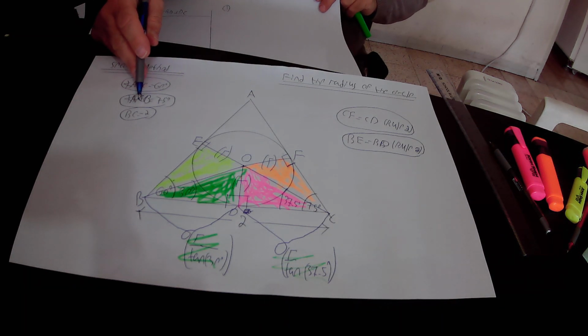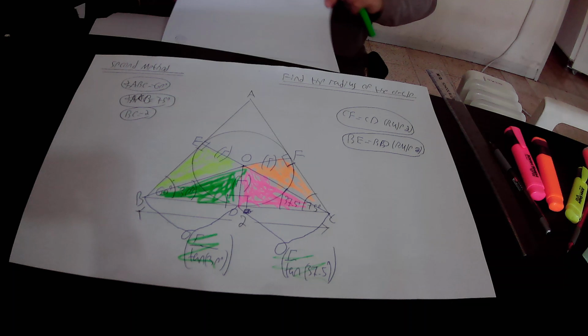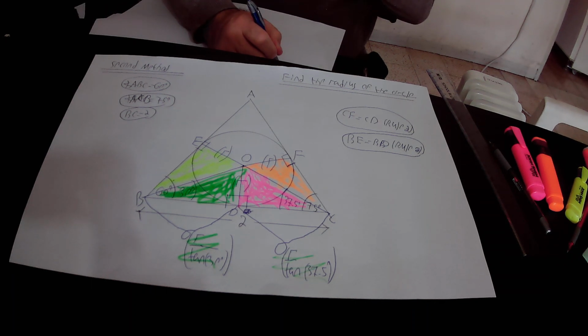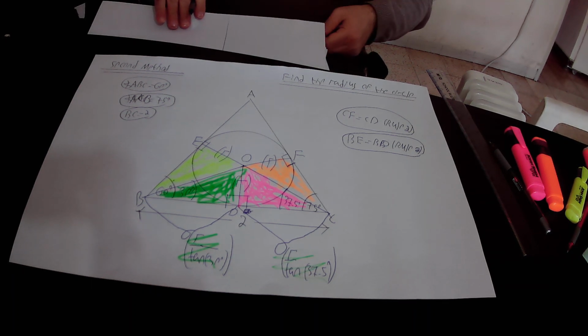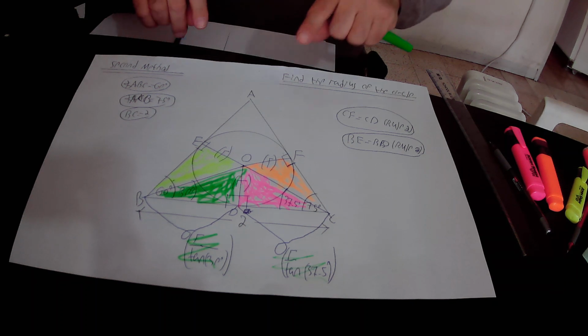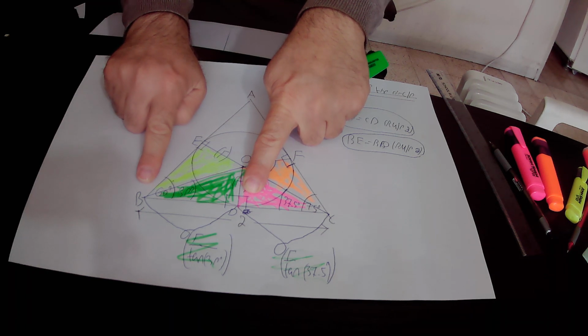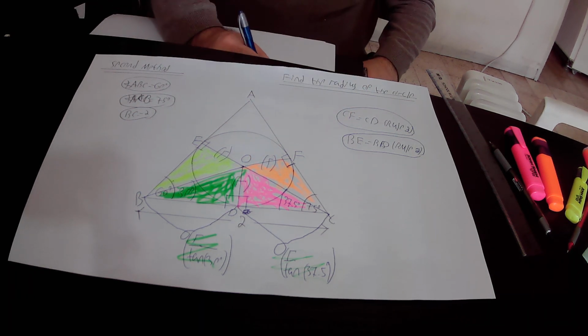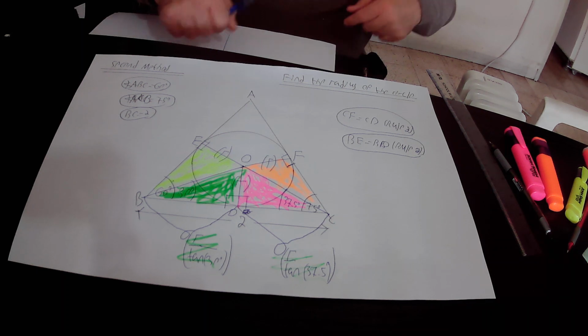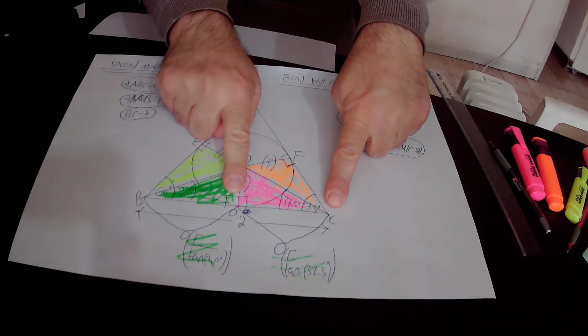BC is 2, according to what is given in the question, so we substitute BC by 2. BD equals R over tangent 30 degrees, so we substitute BD by R over tangent 30 degrees, plus DC. We already found that DC equals R over tan 37.5 degrees.